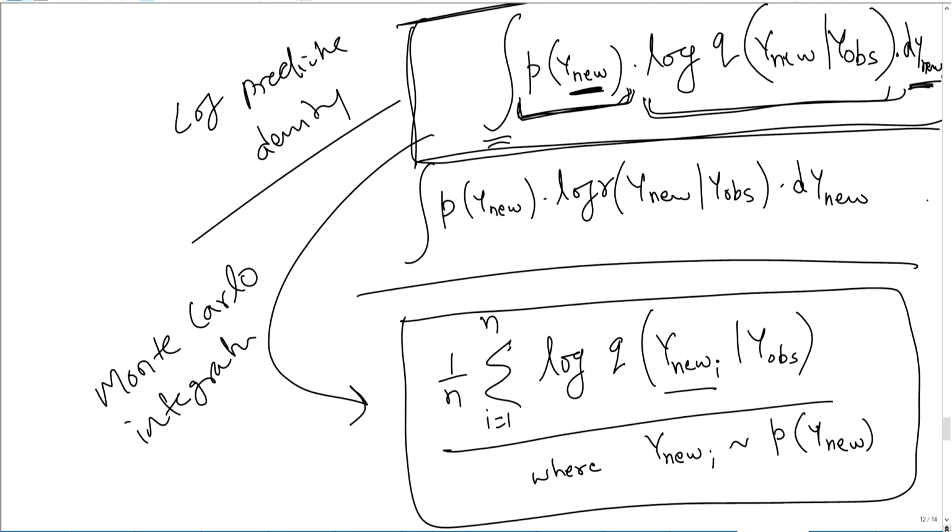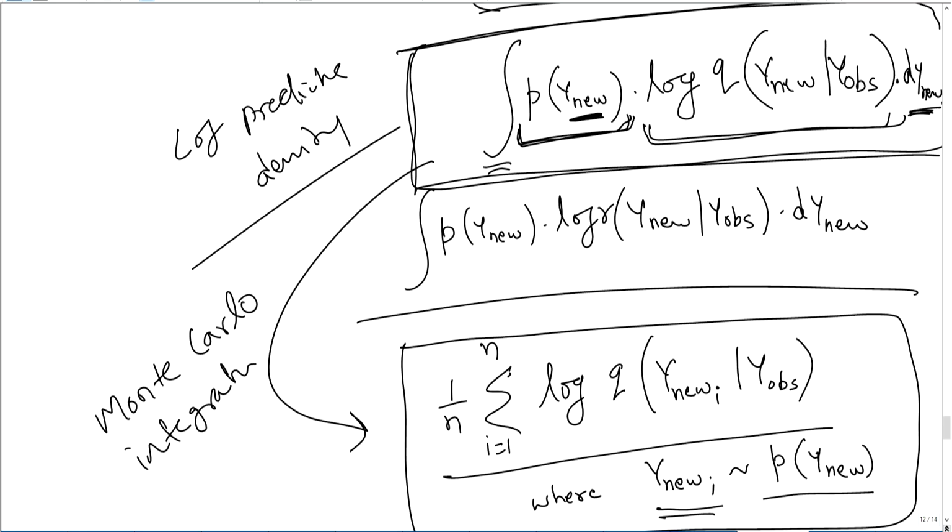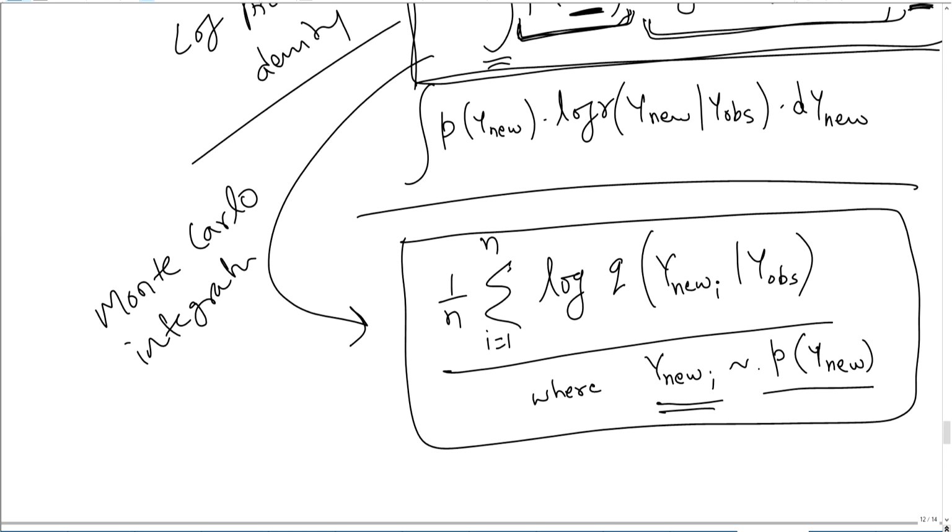So, this can be approximated if we draw a lot of samples of y new from this probability distribution p of y new, and then plug those samples of y new into this function and take the average of the values of this function over a lot of samples, let us say n. Okay. So, this will give us a good approximation of this integration, right. This is actually what we are going to use in practice for calculating the predictive accuracy of a model.